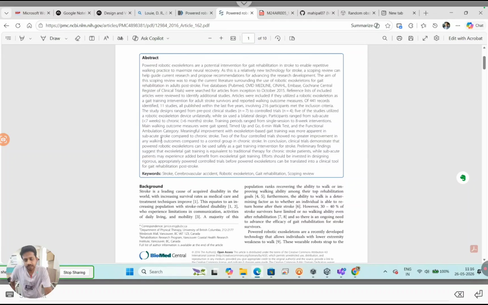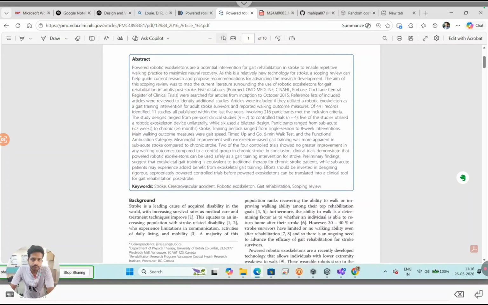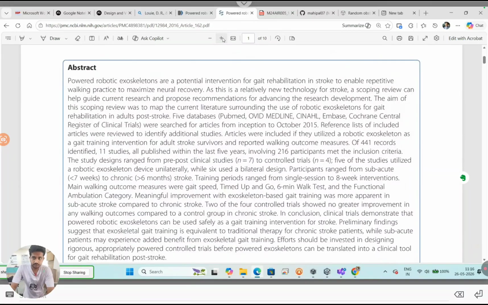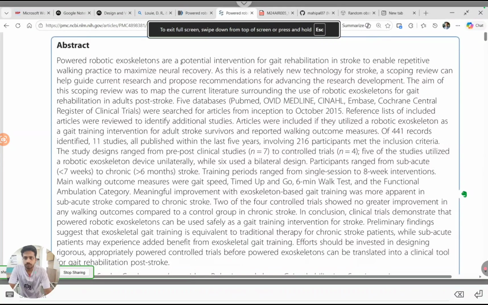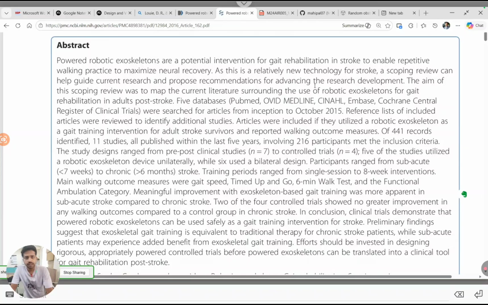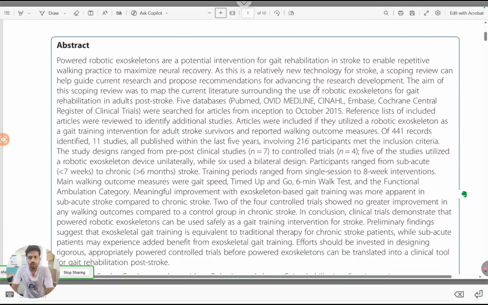Starting from the abstract for the powered robotic exoskeleton. Let me zoom in. Okay, this is good. Or what I can do, make it full screen. Powered robotic exoskeletons are a potential intervention for gait rehabilitation in stroke to enable repetitive walking practice to maximize neural recovery.